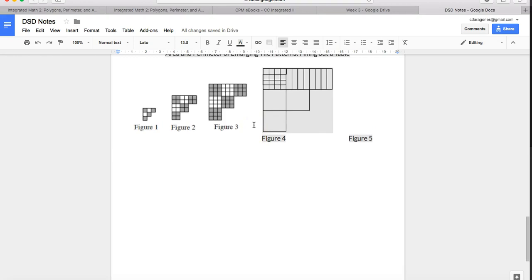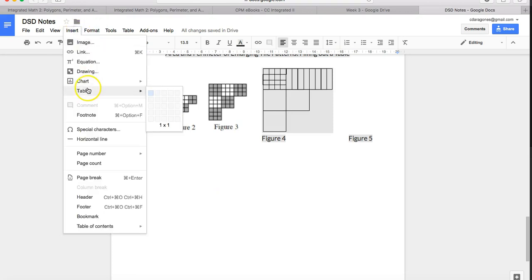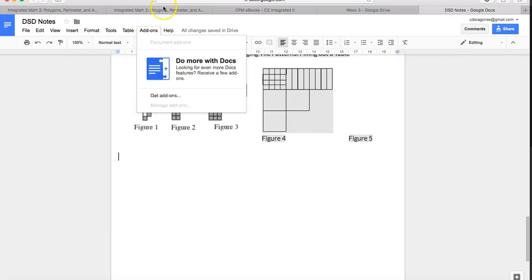Okay, so now that you have the 4th and 5th figures of your design, you're going to create a table that records some data about these tile patterns. The very first table you are going to create, go ahead and draw it.